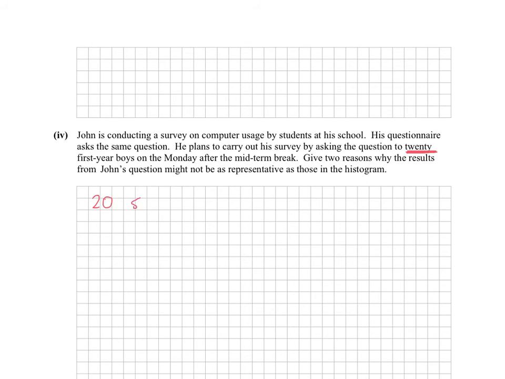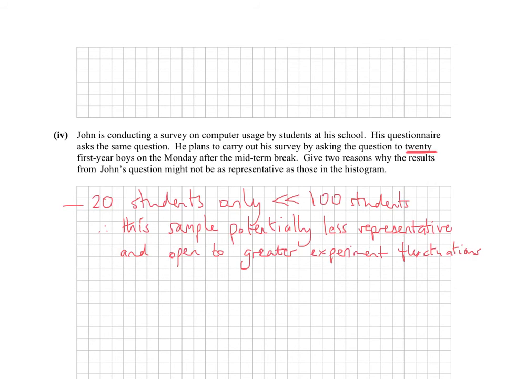Because there are only 20 students, this is not as representative a sample as the 100 students. Since 20 is far less than 100, this sample would potentially be less representative and more open to greater experimental fluctuations.